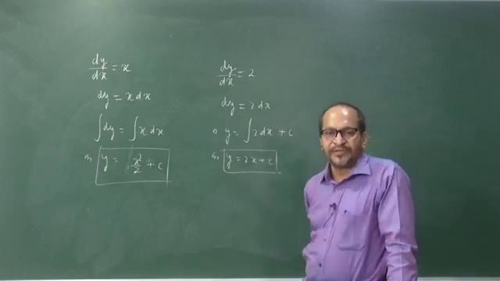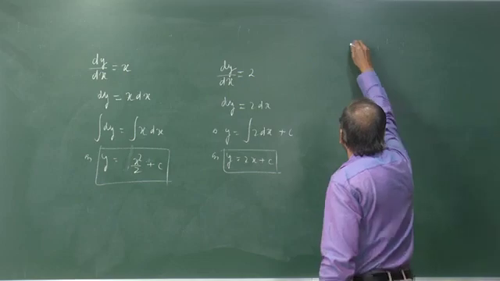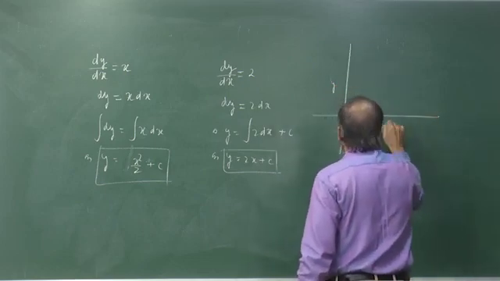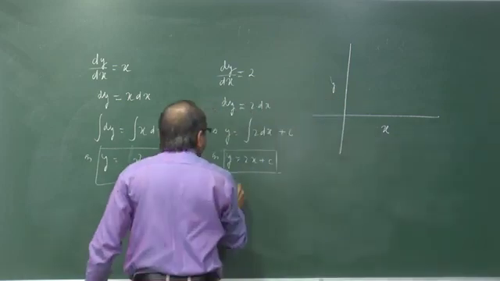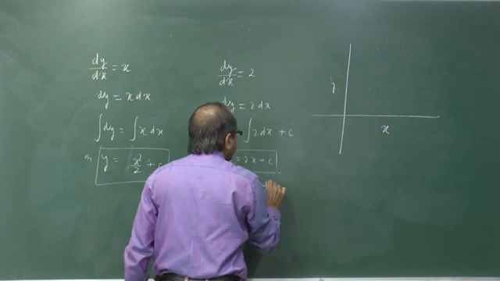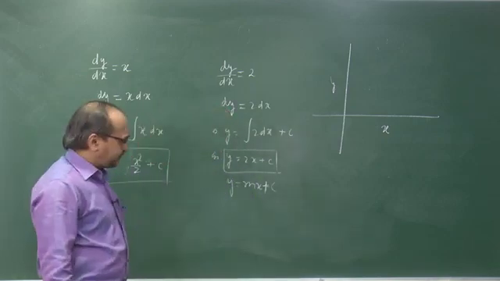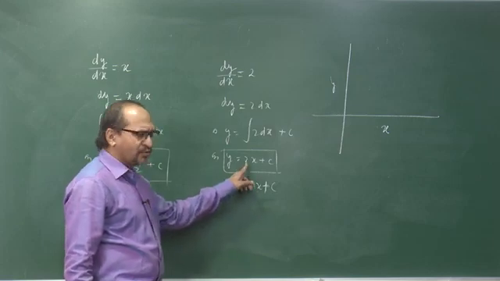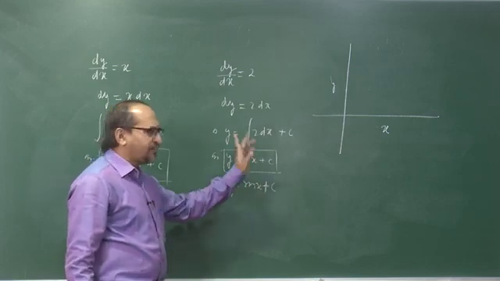So, geometrically, if we plot this curve y versus x, you know this is in the form of y is equal to mx plus c. It is the straight line equation, m is the slope, and the slope is here 2, and the y intercept is of course c.